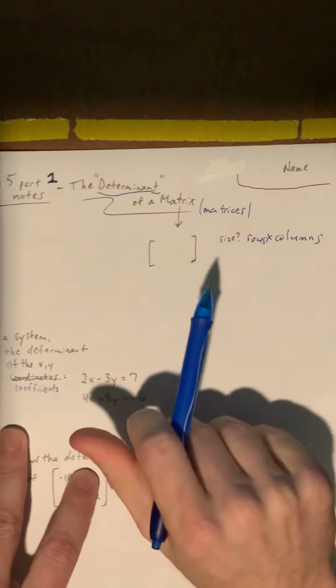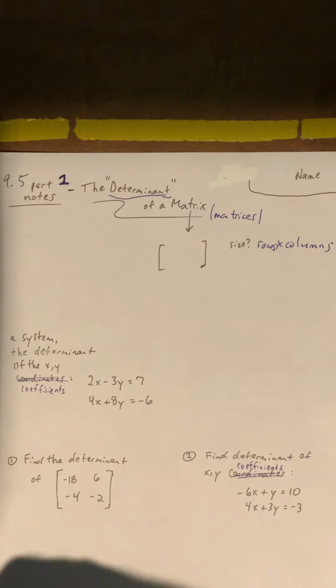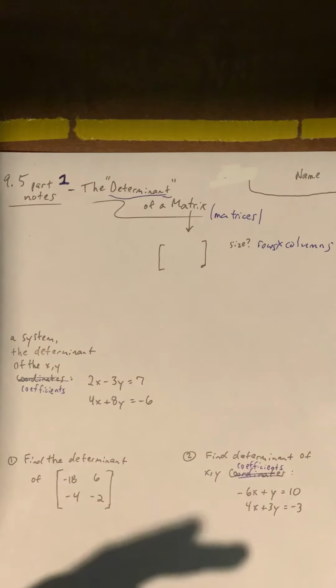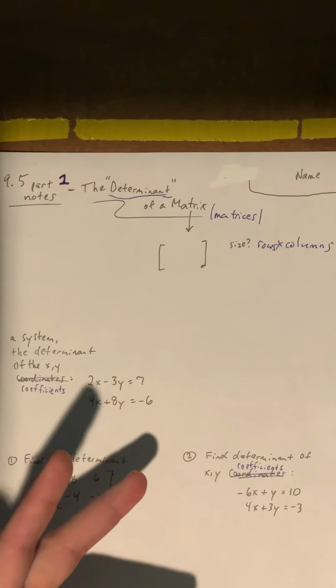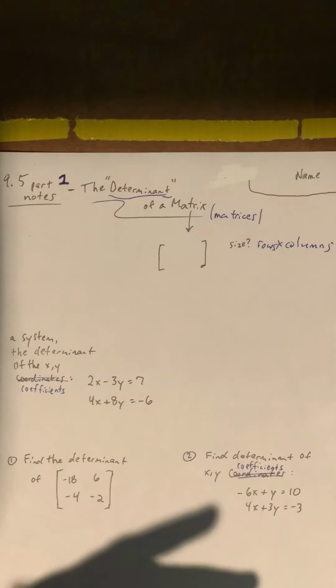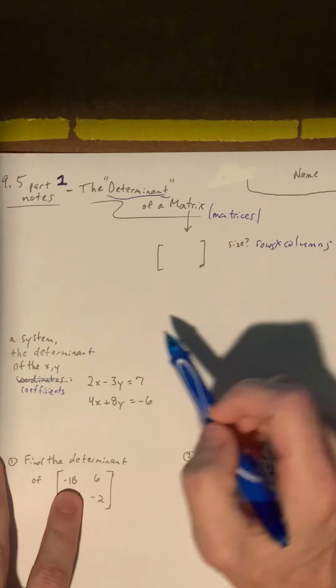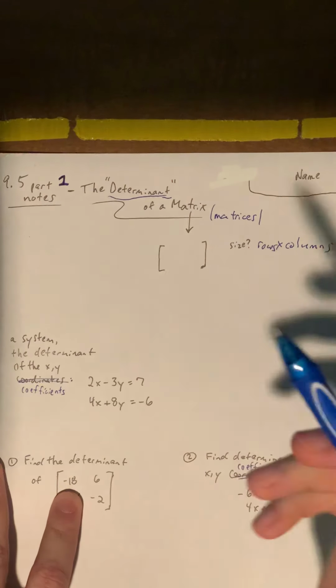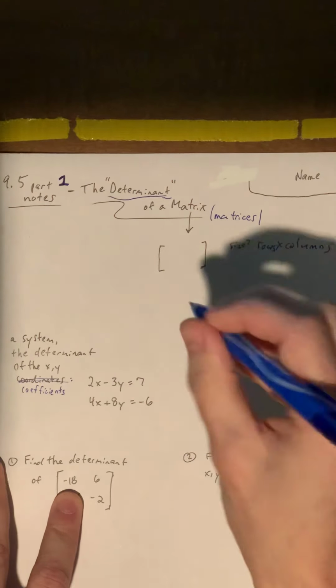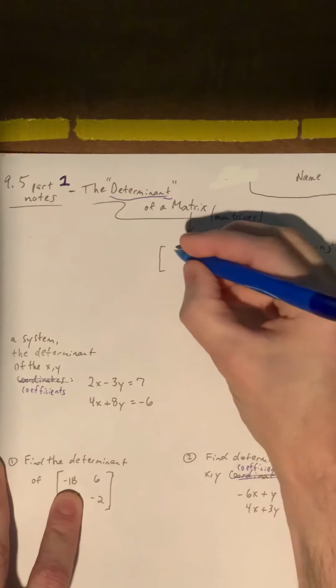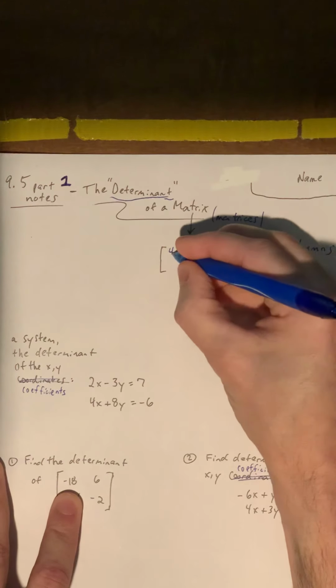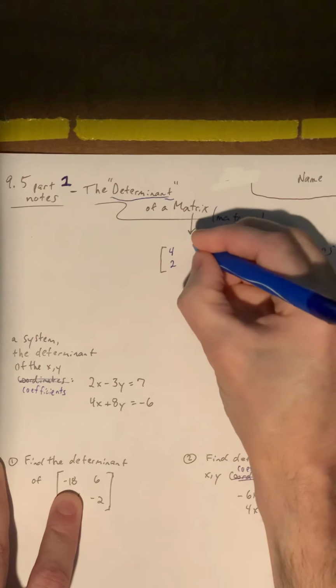So let's say we had 4 pieces of data. Let's say we had 4 numbers and we wanted to organize them somehow. We could put it in what we call a matrix that has 2 rows and 2 columns, let's say. Okay? So let's just throw numbers in here. 4, 2, 3.